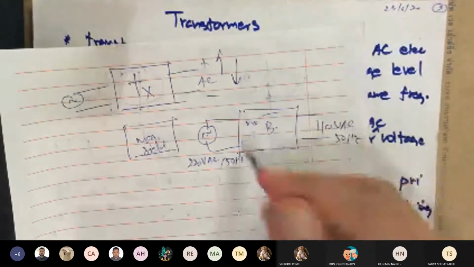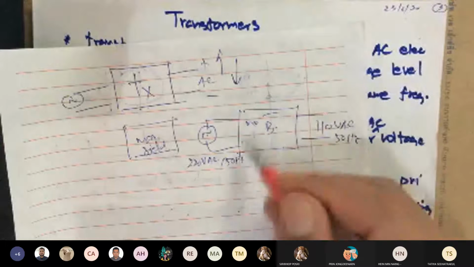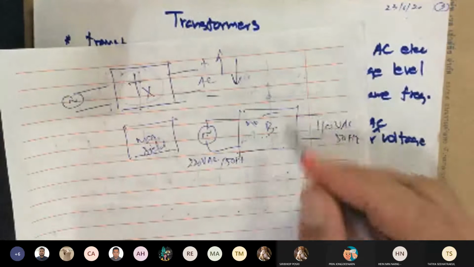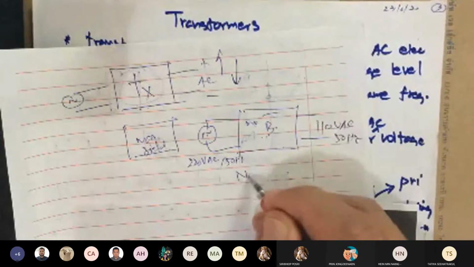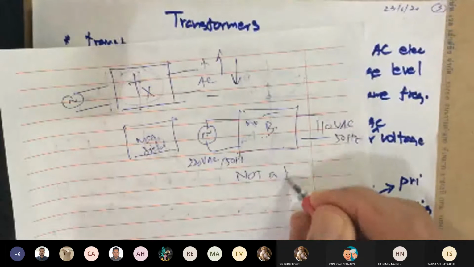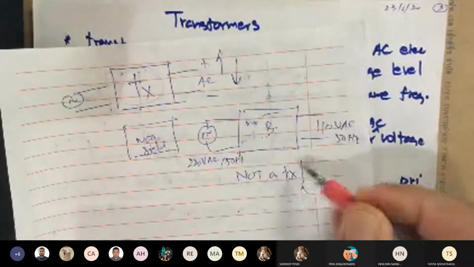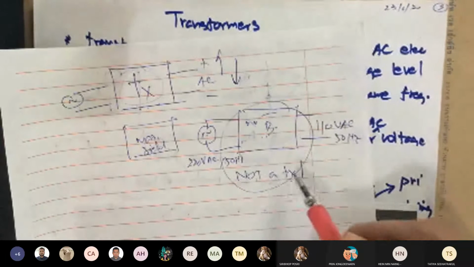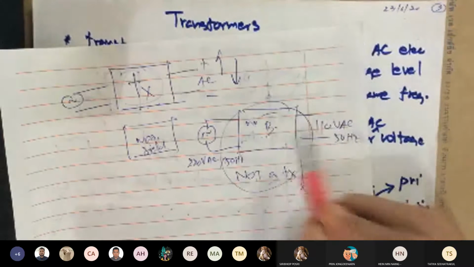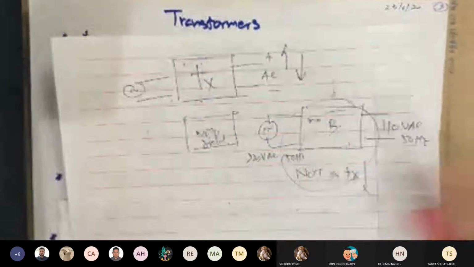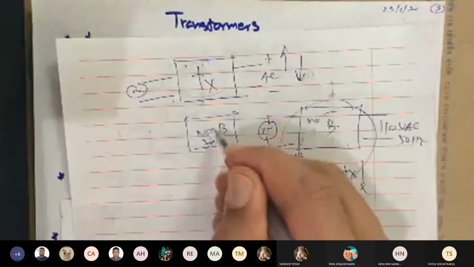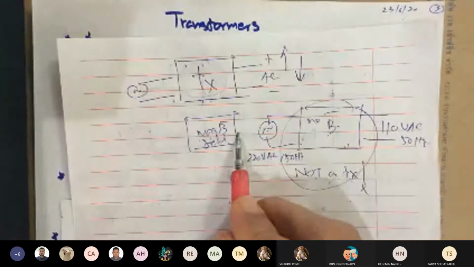I can use some other means to convert. If this is the case, this is not a transformer. If there's no magnetic field involved, it is not a transformer. You have to remember that. Whenever we mention the word transformer, you need a magnetic field to do the conversion.